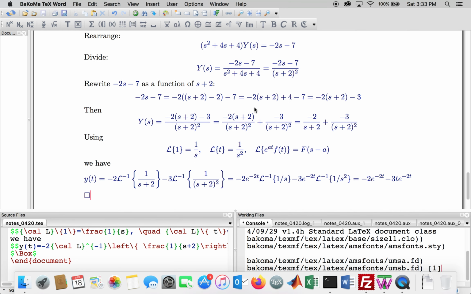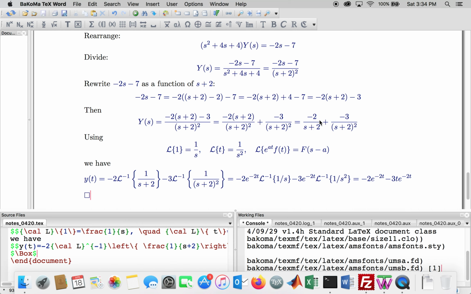So watch for these shifted functions. In a situation like this, where you just have a denominator with some single factor raised to a power, you can write the numerator in terms of the same shift in order to get simpler fractions to work with.